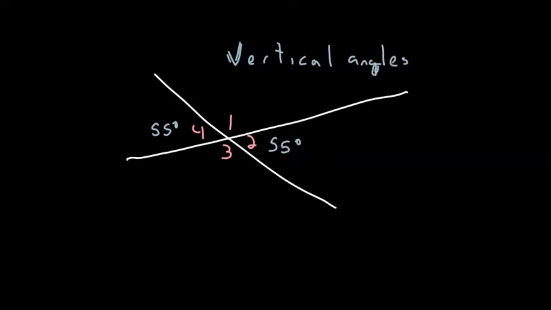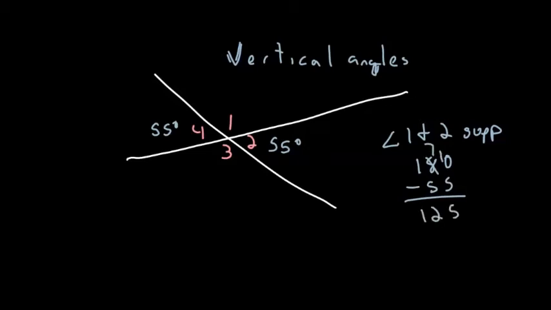Now, angle 1 and 2 are supplementary. So that means they add up to 180. So we do 180 minus 55 to get 125. So angle 1 would be 125 degrees, which would make angle 3 125 degrees because it's vertical to angle 1.